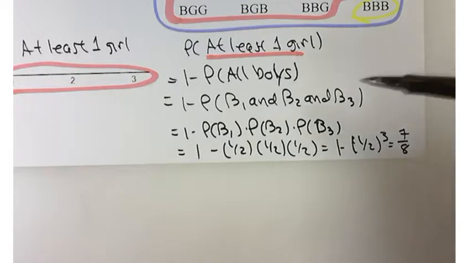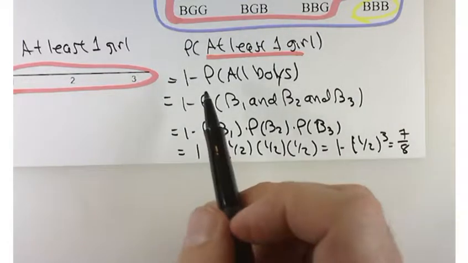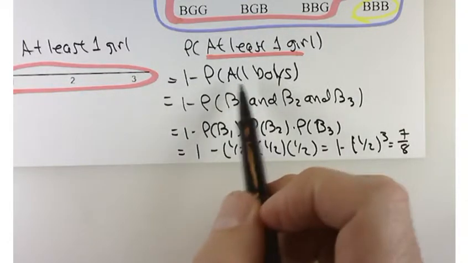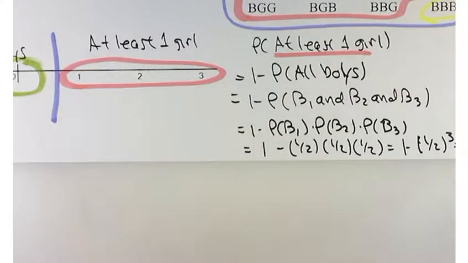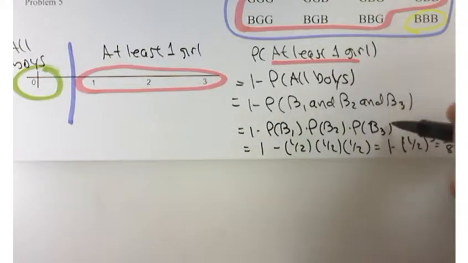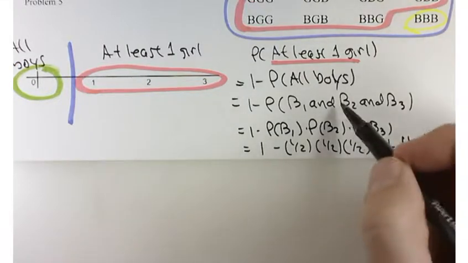So there's a couple nice things that we did in calculating this probability. We used the complementation rule. That's what really got us started. And then we also used the independence of these events, and that kept us going.